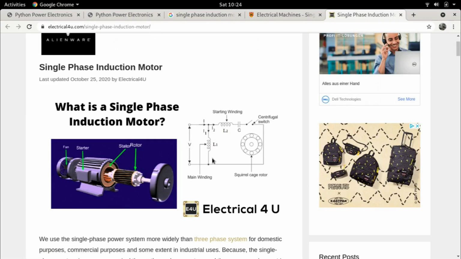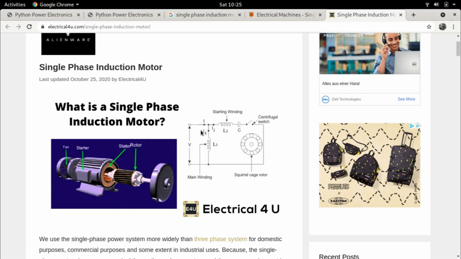Let's say, for example, if you are in Europe, you would have a 50 Hz supply voltage, which means the voltage will be around 240 volts, 50 Hz in most cases, unless you have a special industrial supply where it could be a little higher. The current drawn will also be a 50 Hz current, right? It's also a single phase current. This current will most probably lag behind the voltage by some phase angle.